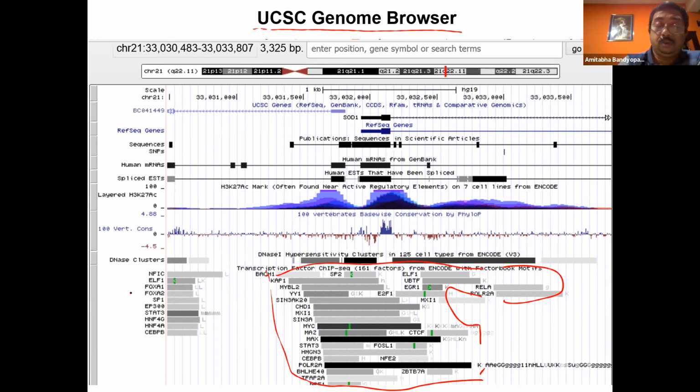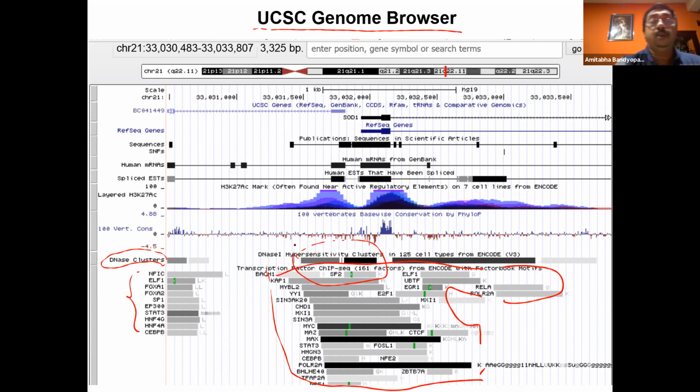Okay? So here, these ones which will map next to a DNase cluster, the DNase hypersensitivity cluster. DNase hypersensitivity cluster is a measure of open chromatin structure. So if the transcription factor binding site coincides with an open chromatin structure, chances that it is an enhancer are even more.